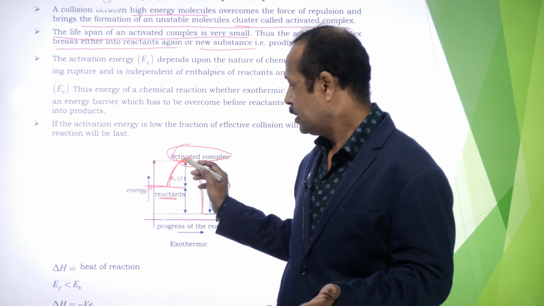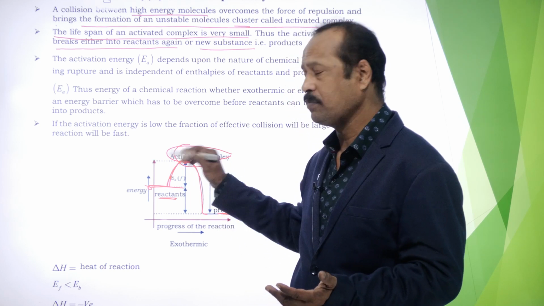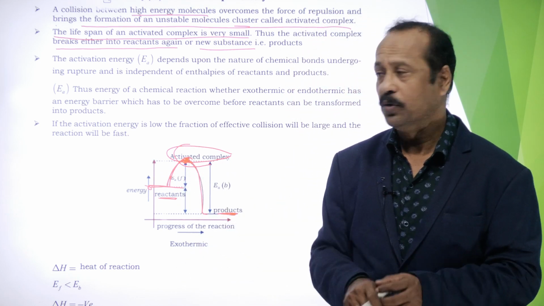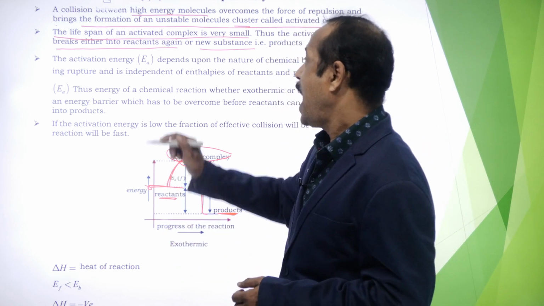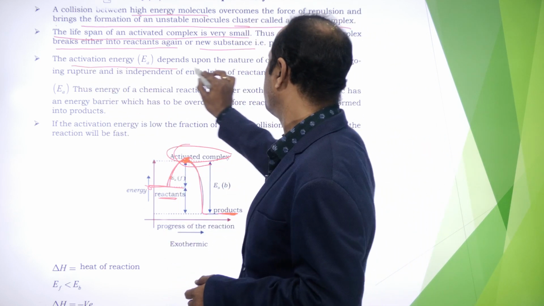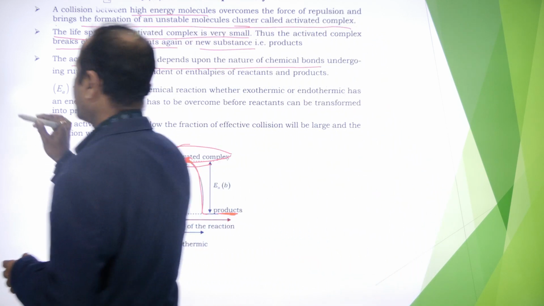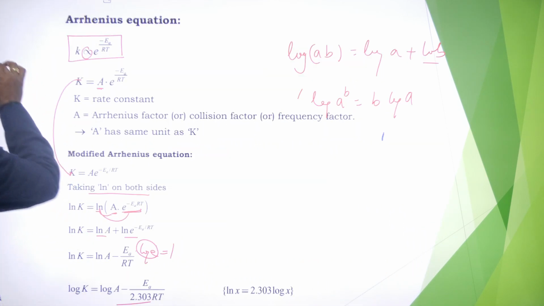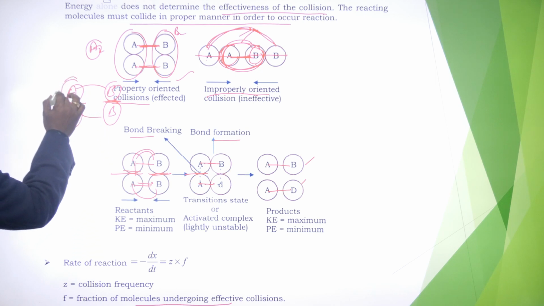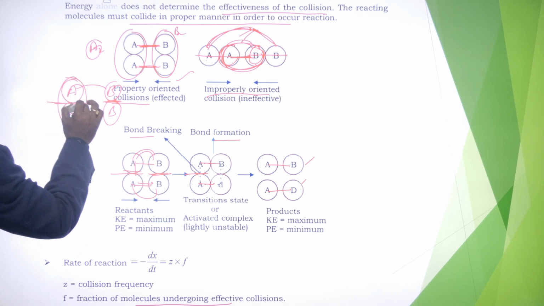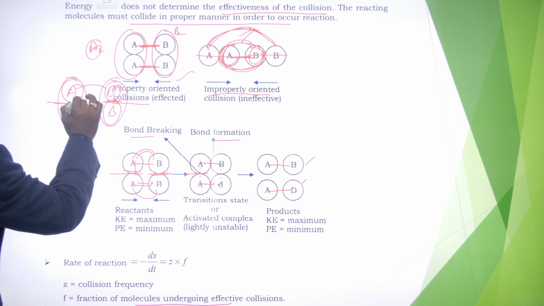Based on the condition, they may form the products, or sometimes they may again convert into the reactants. And this activation energy depends upon the nature of the chemical bonds. What are the chemical bonds? Just as I told you, here between A and A a bond is present, and here between B and B some bond is present.